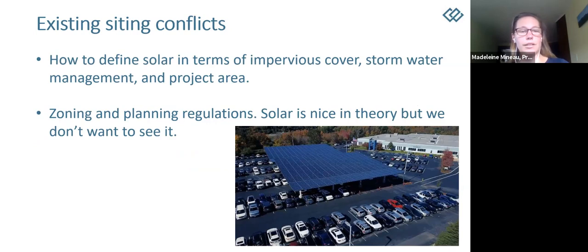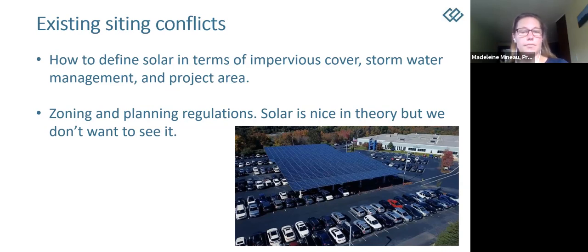There are already a few existing conflicts, even though we've had low development pressure. Both at the local level and at the state level, there's a lot of current consideration about how to define solar in terms of impervious cover, stormwater management, and what should be considered the disturbed project area.